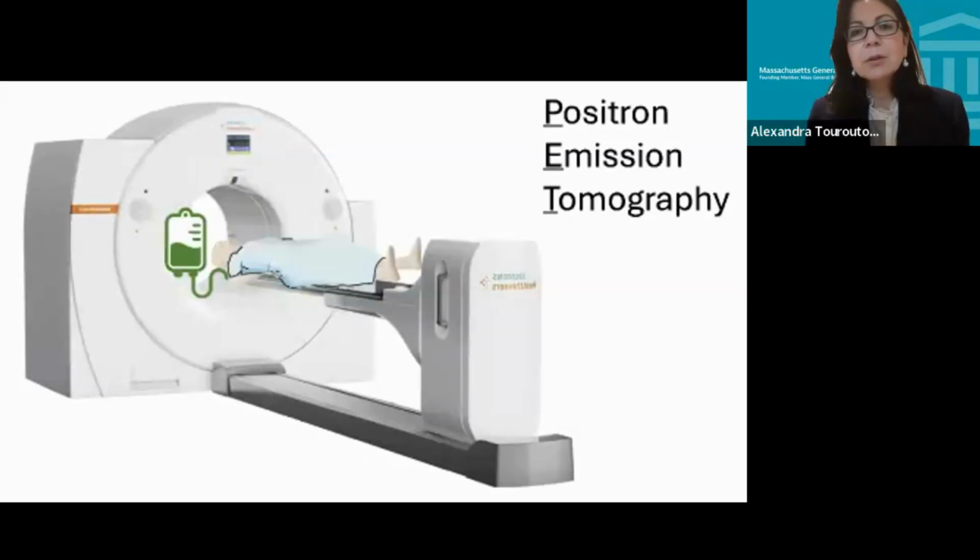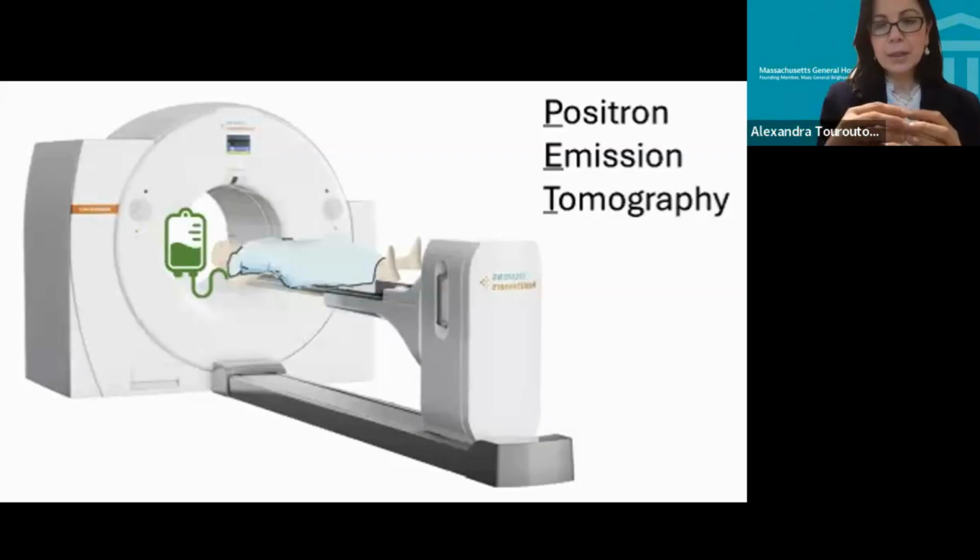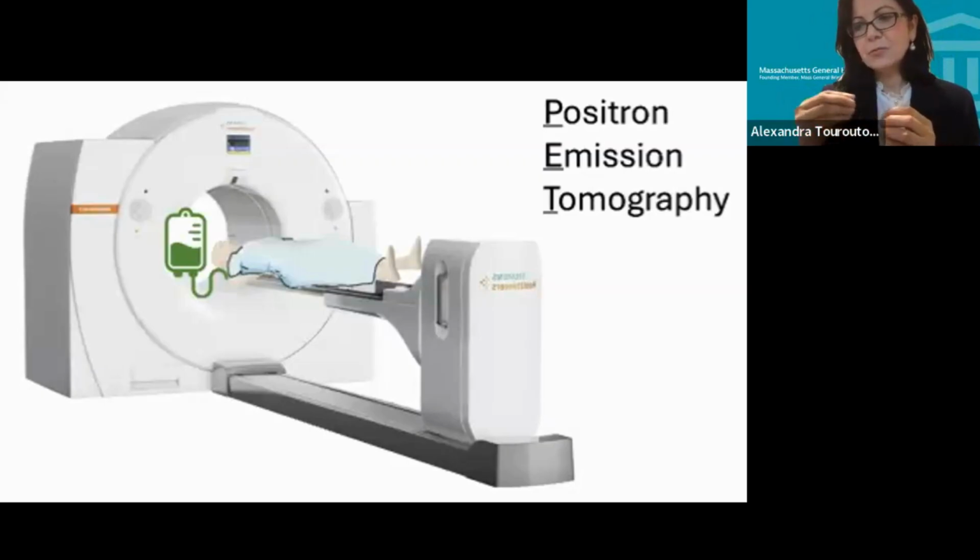They put an IV into your arm, just like if you've ever gone to a hospital for a blood draw. And they inject a drug. This drug is a chemical compound tied to a molecule called a radio tracer, and it can act as a tiny GPS in your body, meaning that it emits radiation, and because it does that, with this powerful machine we can detect where it is in the body.